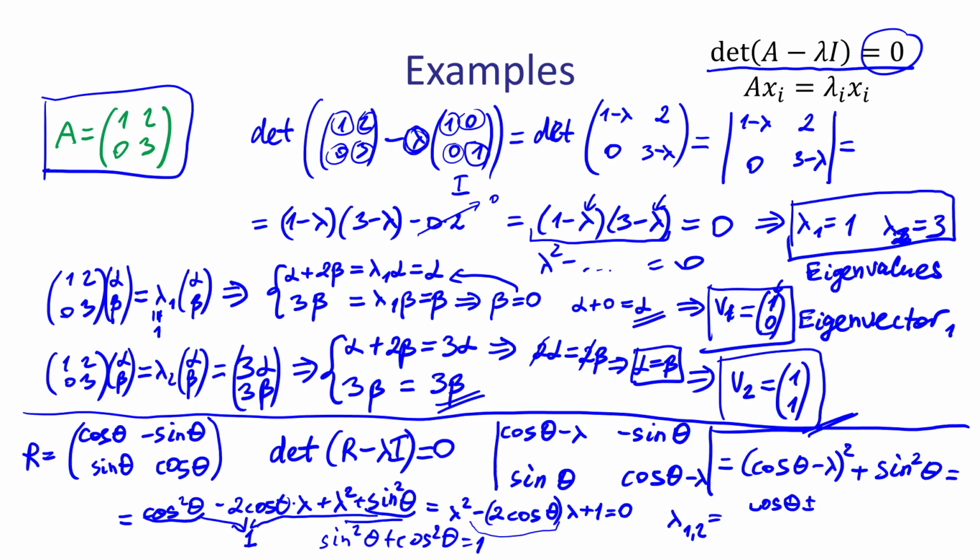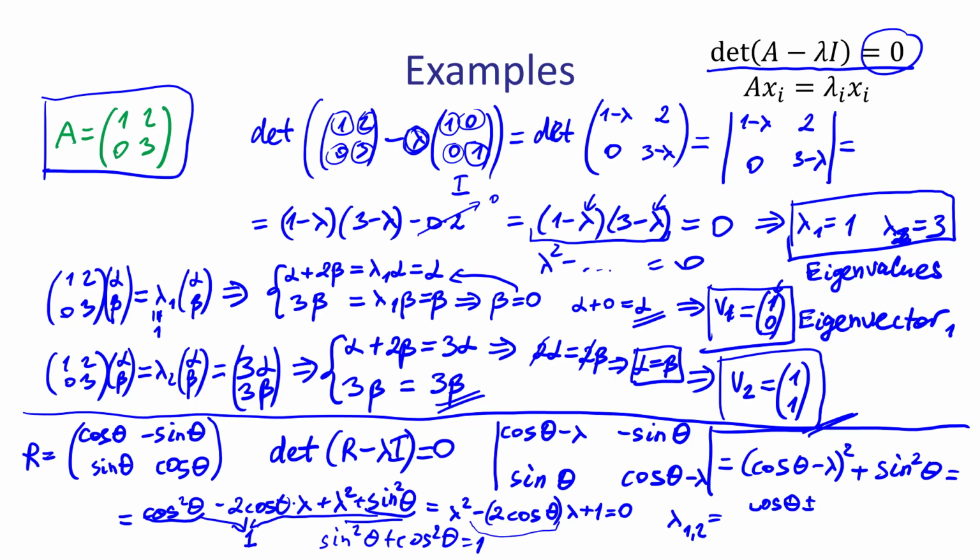So this thing is minus sine squared of theta. Now pay attention that sine squared is always positive, or at least not negative, which means that if you take the square root of it, it's the square root of a negative number.